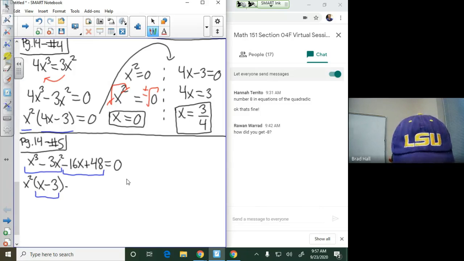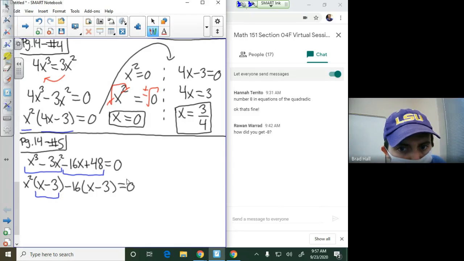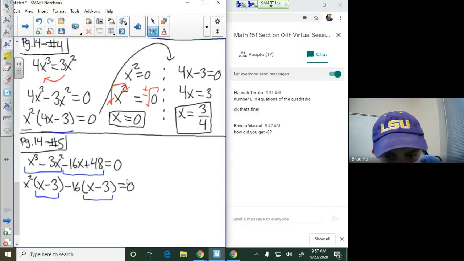We're going to factor out a negative 16, because if we take negative 16 out of negative 16x, we're just left with positive x, because the negative went with the 16. And then 48 divided by negative 16 is negative 3. So notice we get exactly x minus 3 again.